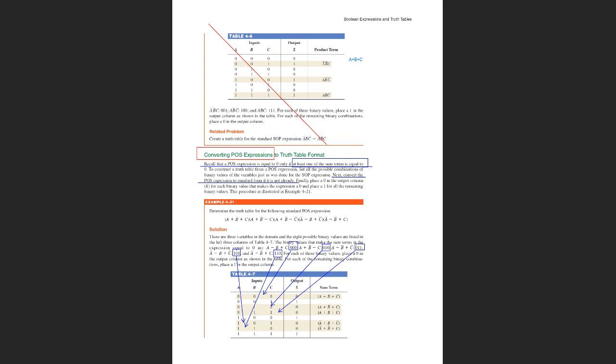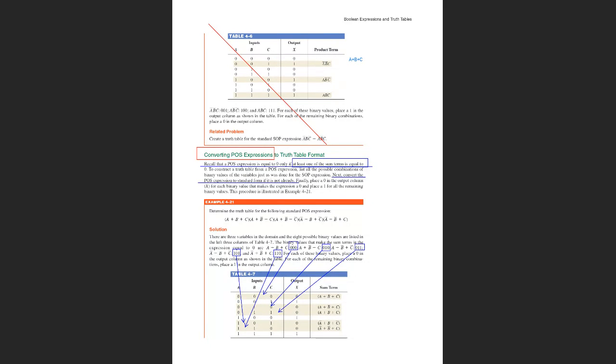And please remember that SOP and POS forms are not a negation of each other. This is a very common mistake we make, because they are not mathematical negation, they are complements of the positions of SOP.